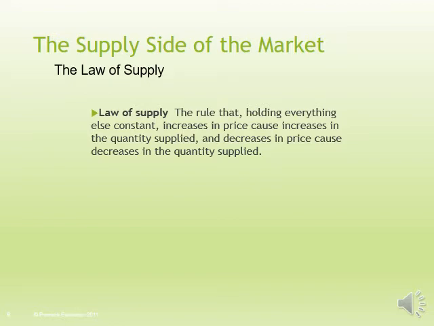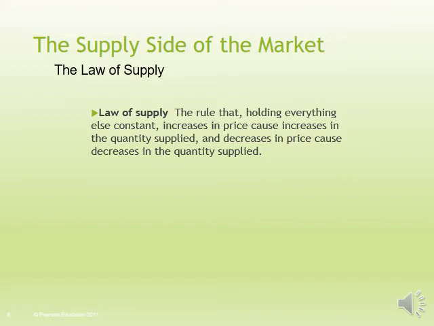So remember, the law of supply, that if everything else is equal, meaning that the quality of the product is the same, there isn't any other variation, an increase in price will cause an increase in the quantity supplied, and a decrease in price will cause a decrease in the quantity supplied.